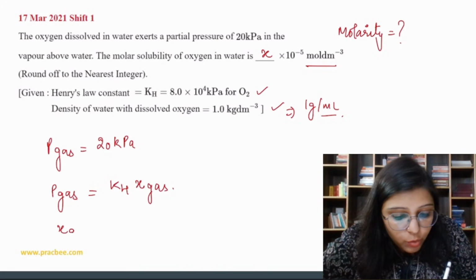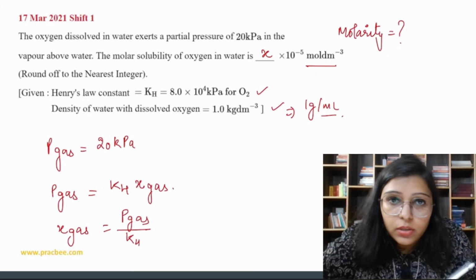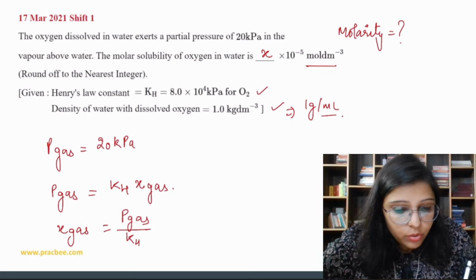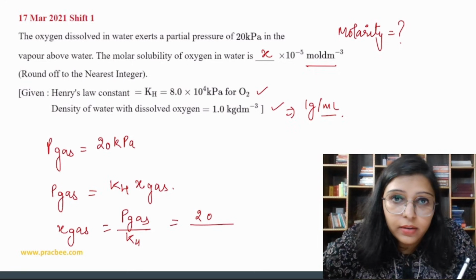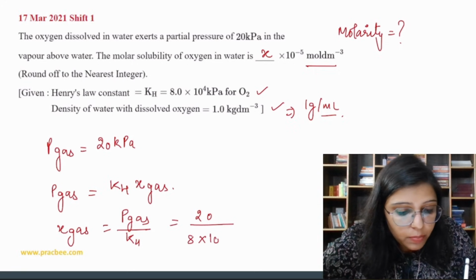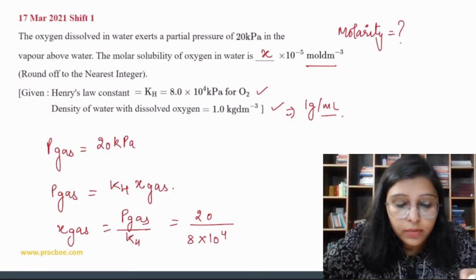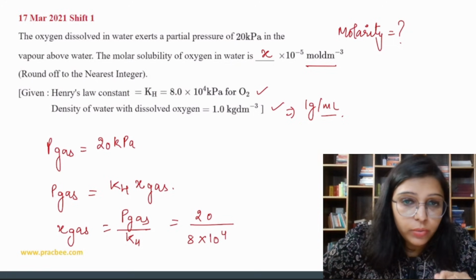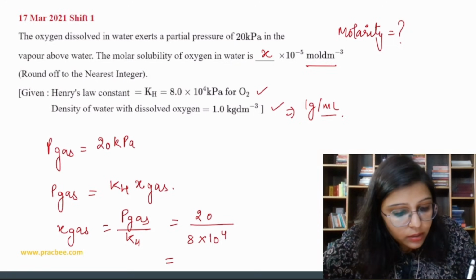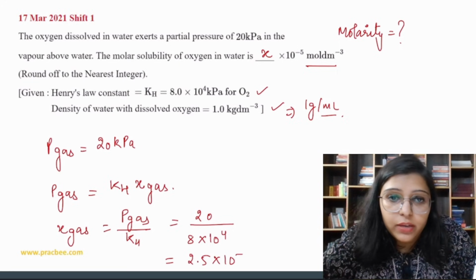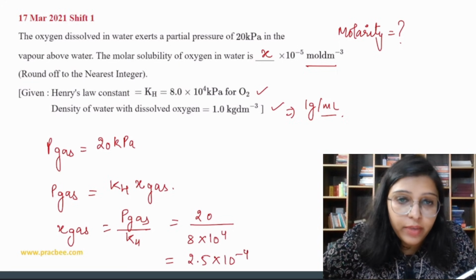Now we can find out mole fraction of gas as pressure of gas upon Kh. So pressure of gas is equal to 20 kilopascal, and Kh is equal to 8 into 10 to the power 4 kilopascal, for O2 gas. So on solving, you get 2.5 into 10 to the power minus 4. That is the mole fraction.